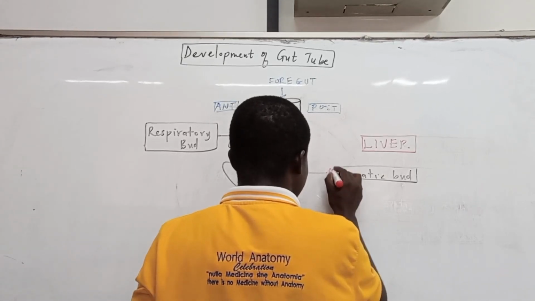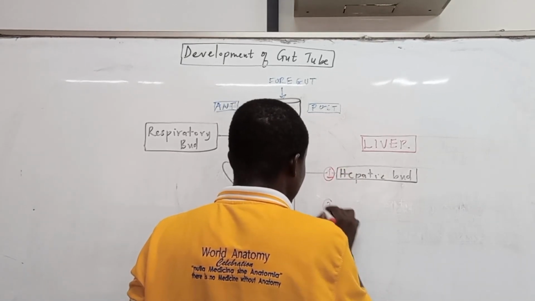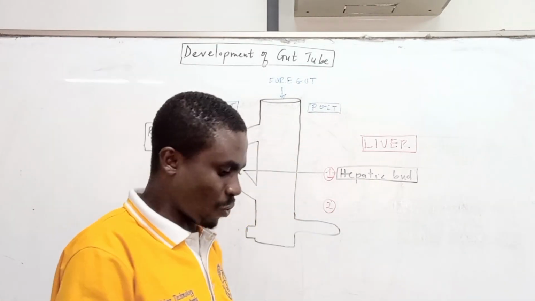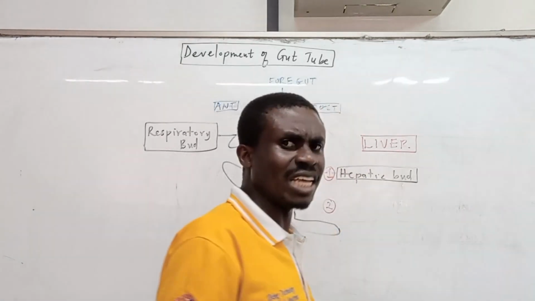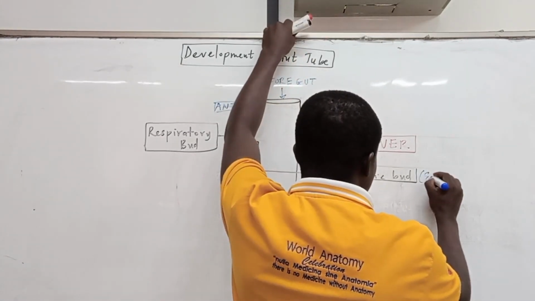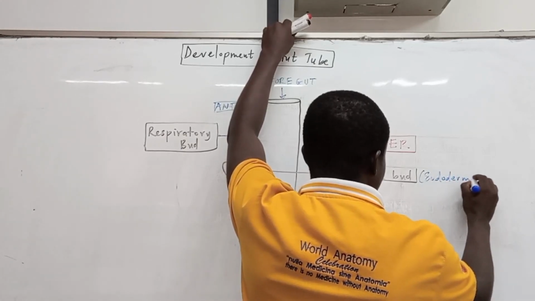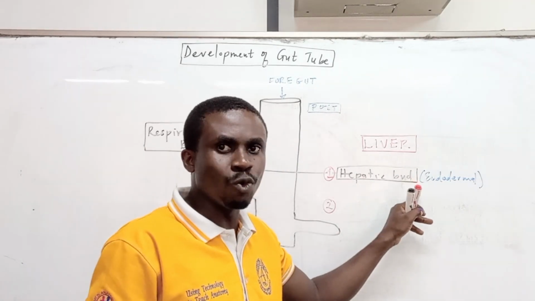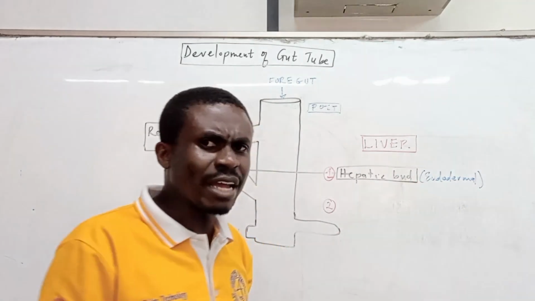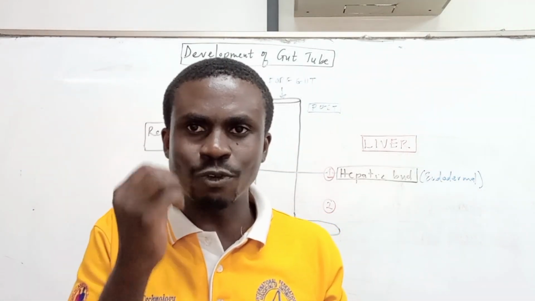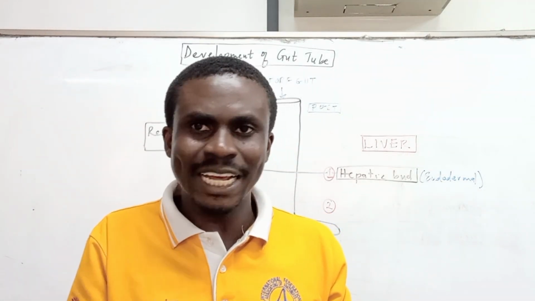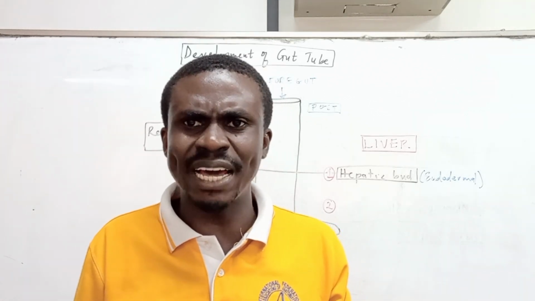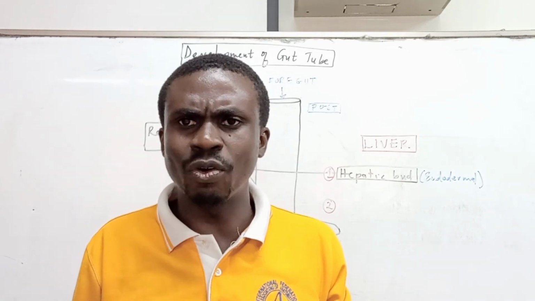That's number one, the hepatic bud, and I'll go to number two. Now, the hepatic bud, which is endodermal, these are the first MCQs you may be given, that is the endodermal portion. What I want you to appreciate is that the hepatic bud will give rise to the hepatocytes, the bile canaliculi, and all the bile ducts, the interlobular hepatic bile ducts.